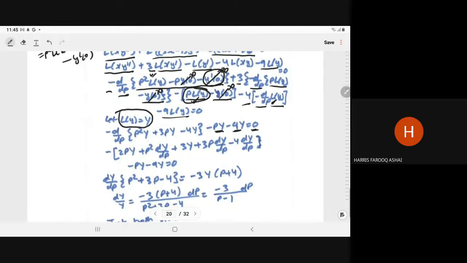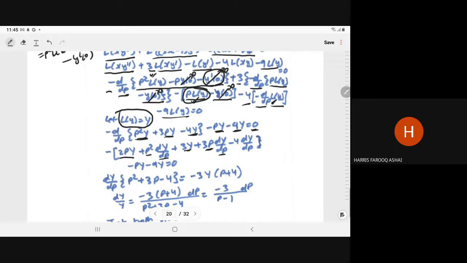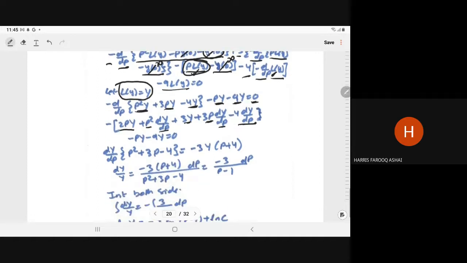Now if you take the derivative of this, its derivative is 2py plus p square dy/dp. Derivative of this is minus 3y plus 3p dy/dp. Derivative of this is minus 4 dy/dp, minus py, minus 9y is equal to 0.